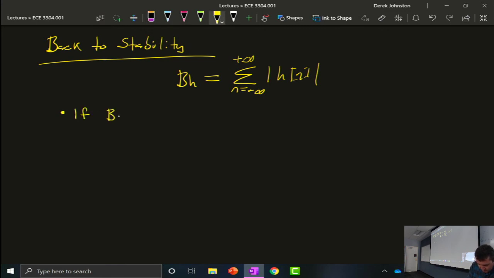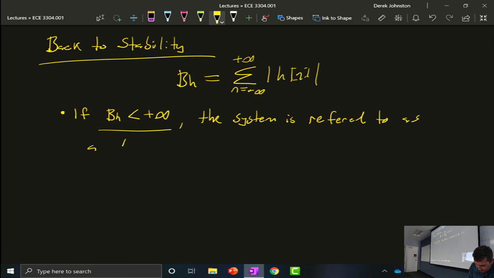If B of H is less than positive infinity, i.e. is it bounded, then the system is referred to as a finite impulse response, or FIR system.